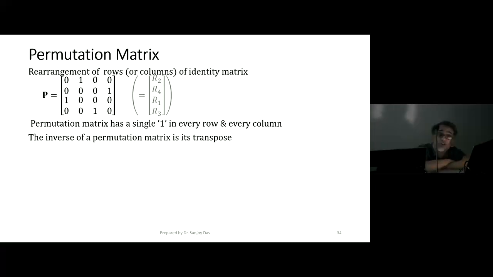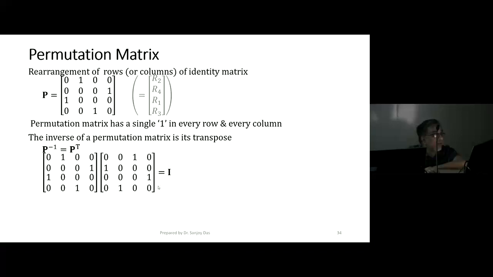The inverse of a permutation matrix is its transpose. So P inverse is simply P transpose. I take this matrix here, and this is its transpose.